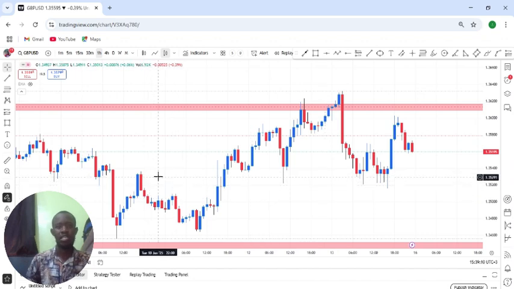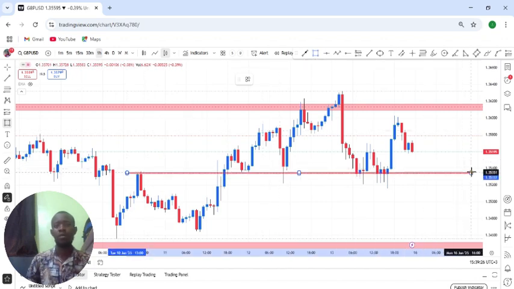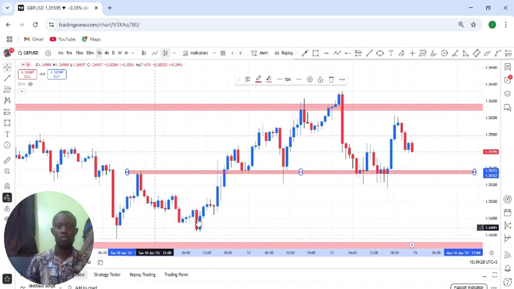The market broke this zone right here. This was a form of a low right here. So it was broken to confirm that this retest is over.